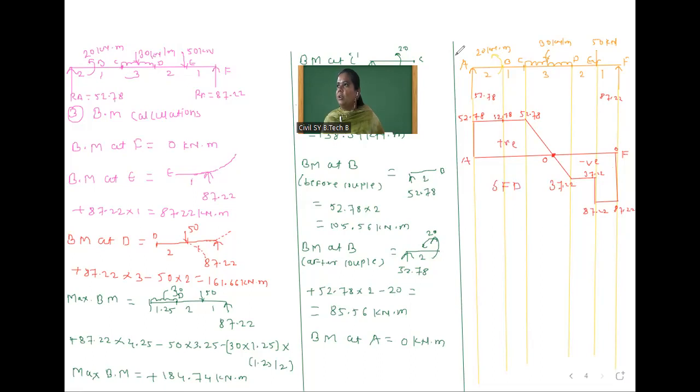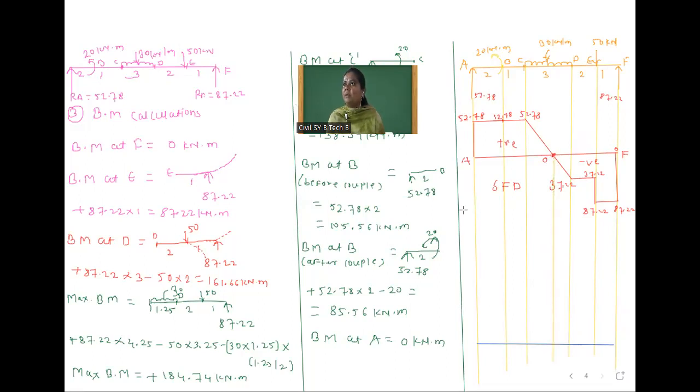Now we will draw the bending moment diagram. I think all values are positive for the bending moment diagram. Yes. So we will draw a baseline below, mark the values first, and then draw the figure. At this point we have to extend the line because bending moment is maximum here.